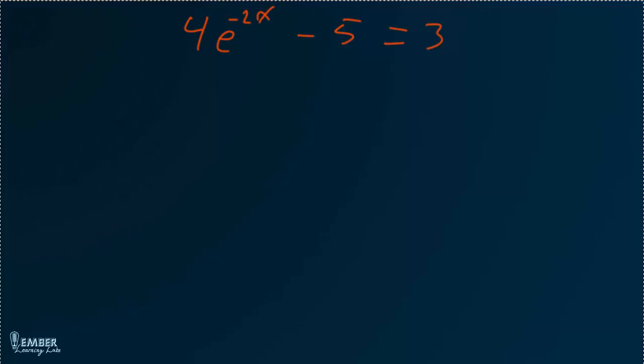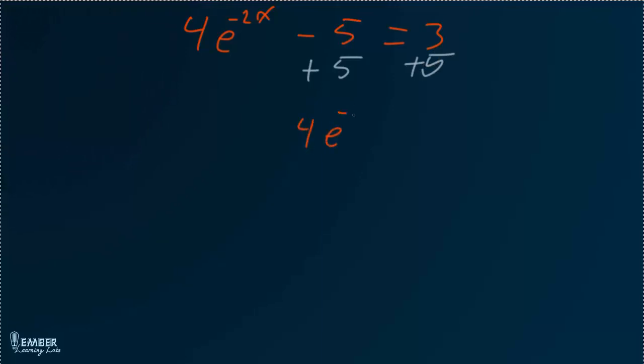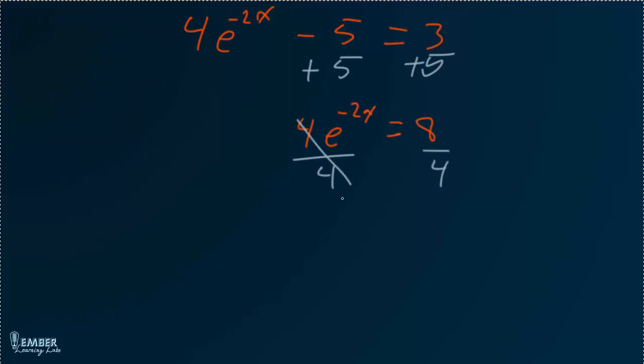So we're going to add 5 to both sides, leaving us with 4 times e to the negative 2x equals 8. Then we divide both sides by 4. Those cancel, leaving us with e to the negative 2x equals 2.